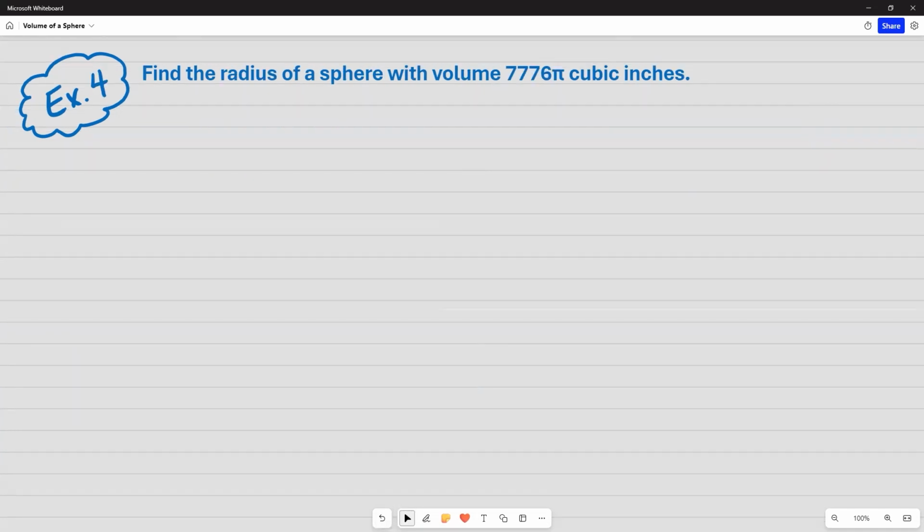In example 4, we're asked to find the radius of a sphere with a volume of 7,776 pi cubic inches. Let's write out the formula for the volume of the sphere. So that's going to be V equals 4 over 3 times pi r cubed. So let's substitute what we know. We know the volume. Volume starts with V, so that's where I'm going to place this 7,776, including the pi, because that's part of it.